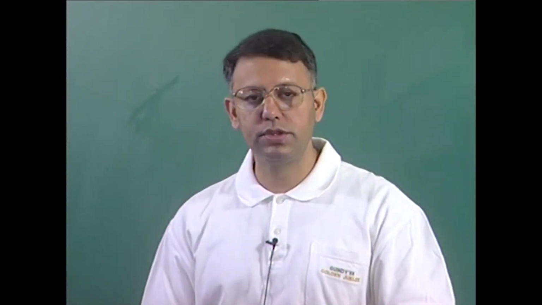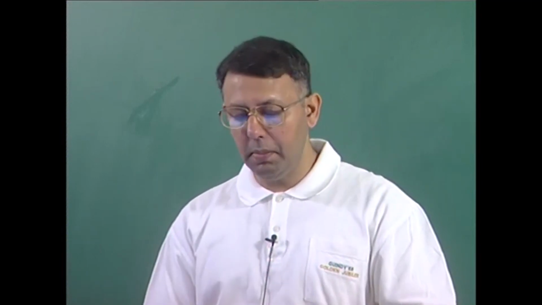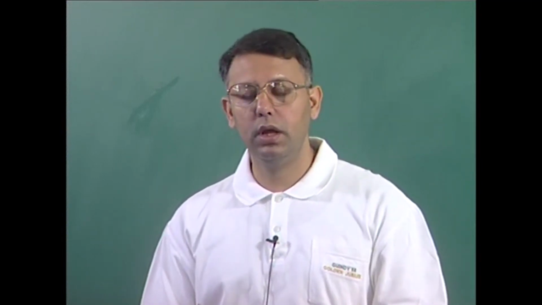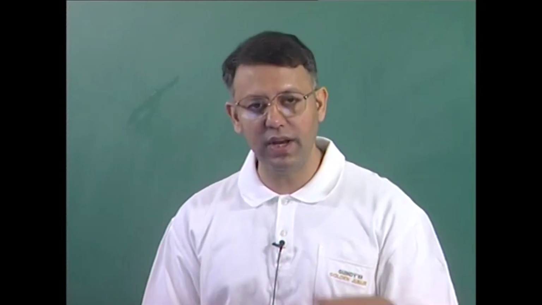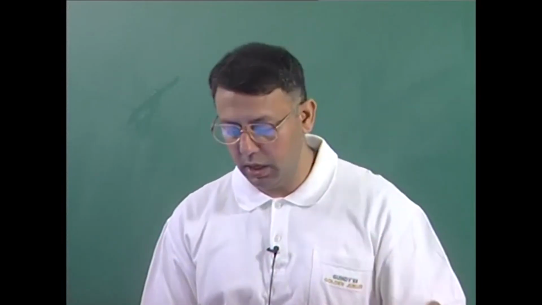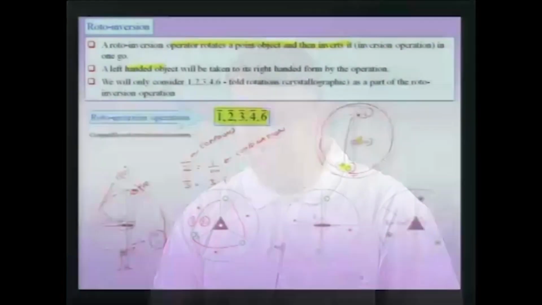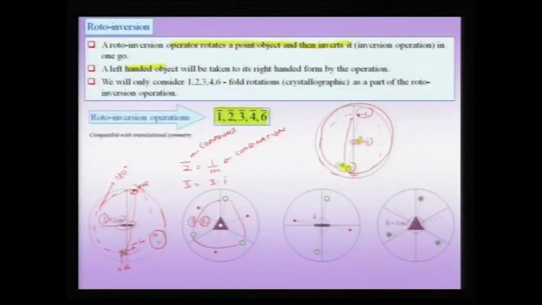Let us try to understand this 3 bar roto inversion operation with respect to a cube. Where is a 3 bar roto inversion operation in a cube? And what do we see in it? There are 6 points which are created by this operation.